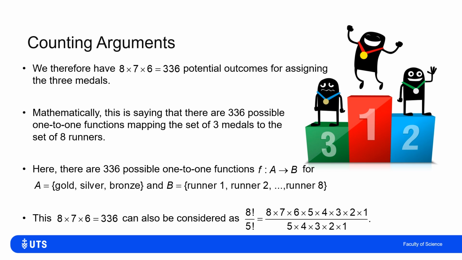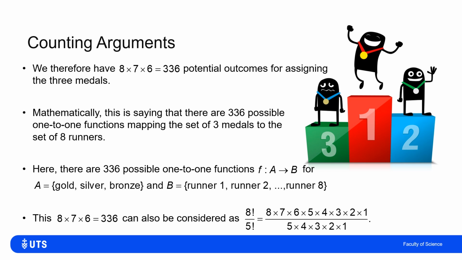Now, we'll often see this written in factorial notation, this sort of descending order, descending integers multiplied, but truncated at some point. So 8 times 7 times 6, I can think of as 8 factorial, which is 8 times 7 times 6 times 5 times 4 times 3 times 2 times 1, divided by 5 factorial, so 5 times 4 times 3 times 2 times 1.